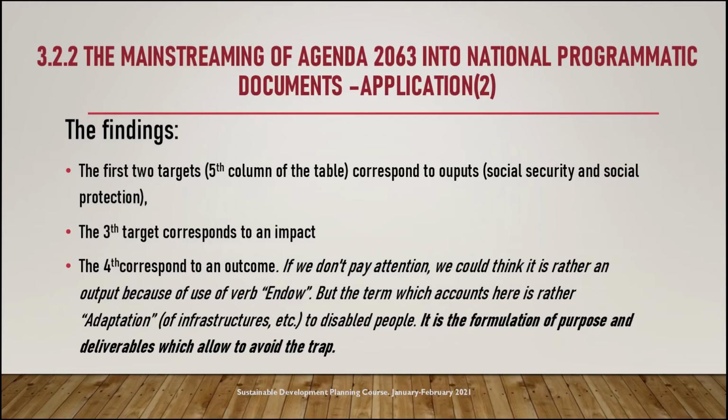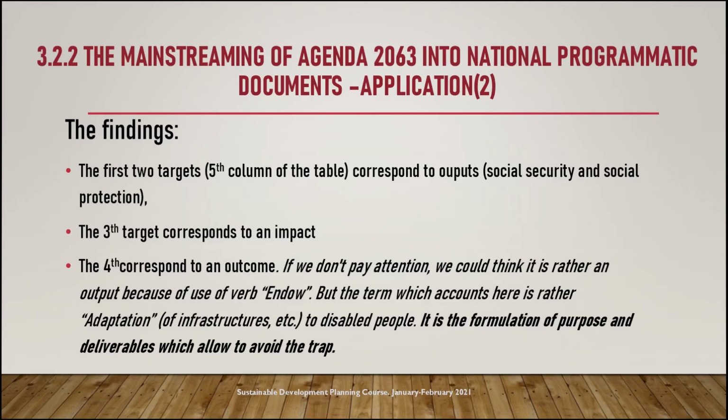And the 4th, as it expresses some performance. If we don't pay attention, we may think that it's rather an output, because of the verb that was used with that deliverable. But the term which is important here is adaptation. One may adapt the infrastructure to the disabled people.